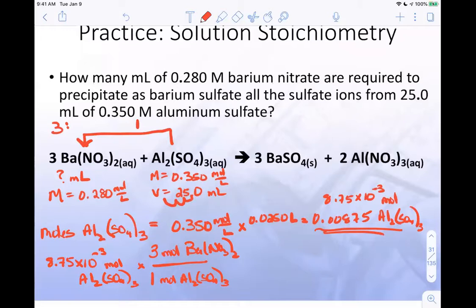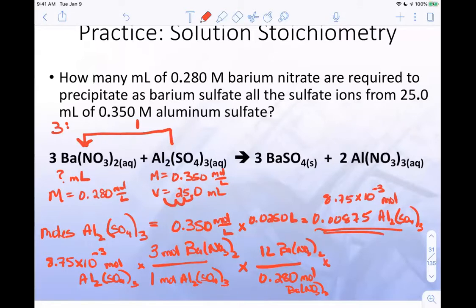That gives me moles of barium nitrate, but I want milliliters. So I can use the molarity as a conversion factor. For every 1 liter of barium nitrate, I have 0.280 moles of barium nitrate.